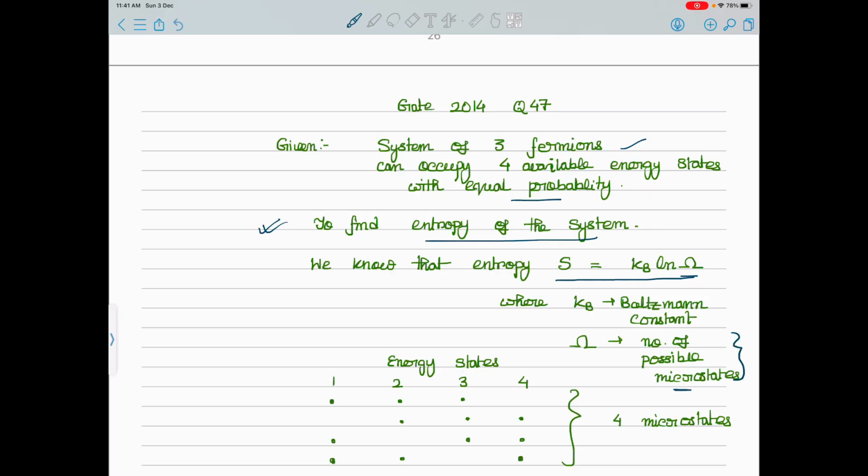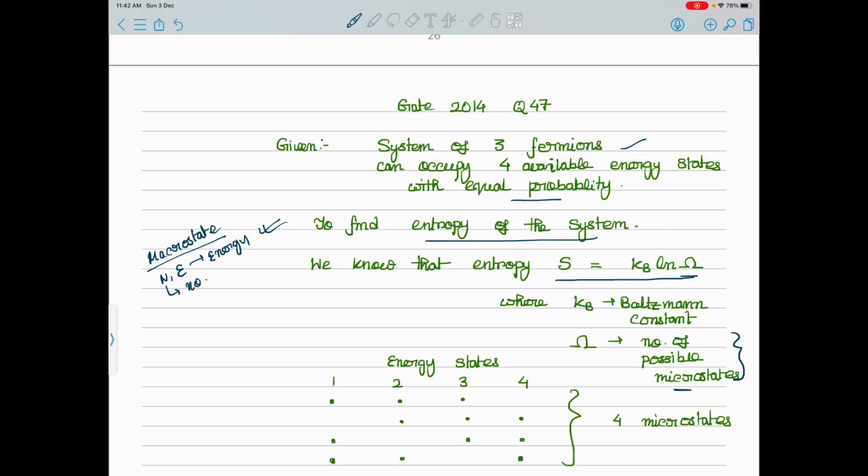Now what does a microstate represent? And what is the other term called, the macrostate? So what do macrostate and microstate represent? Just in short, macrostate is nothing but the specification of the actual values of parameters like n and E. So this is the number, this is the energy.